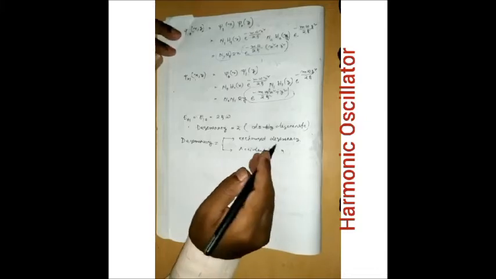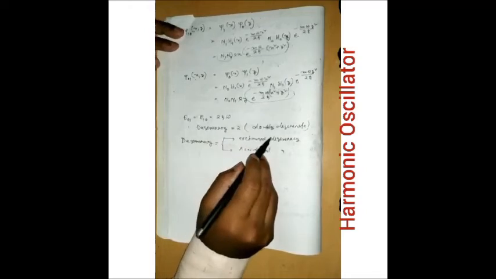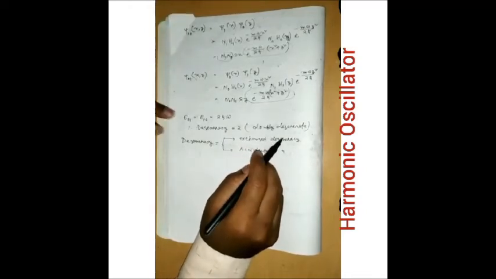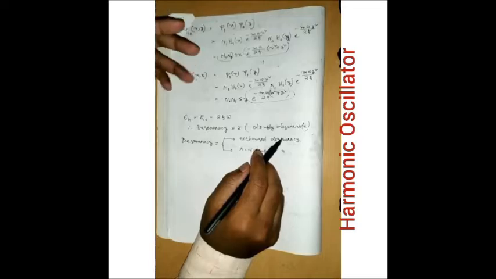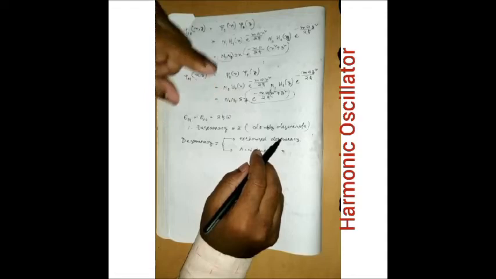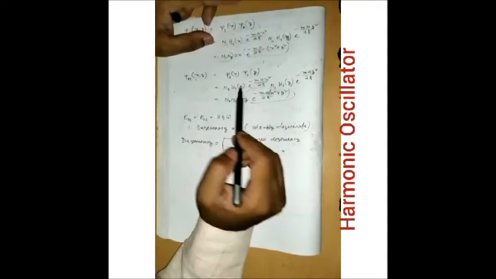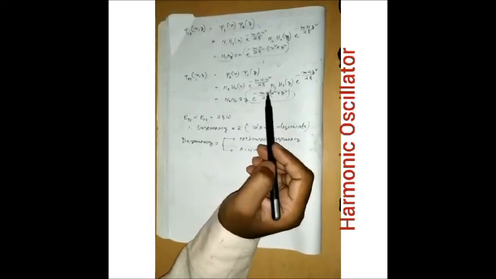When we say exchange degeneracy, it means that if we are getting a degeneracy of 2 or 3, suppose the degeneracy is 2, and the values are just exchanging between the two wave functions, then we say it is exchange degeneracy.